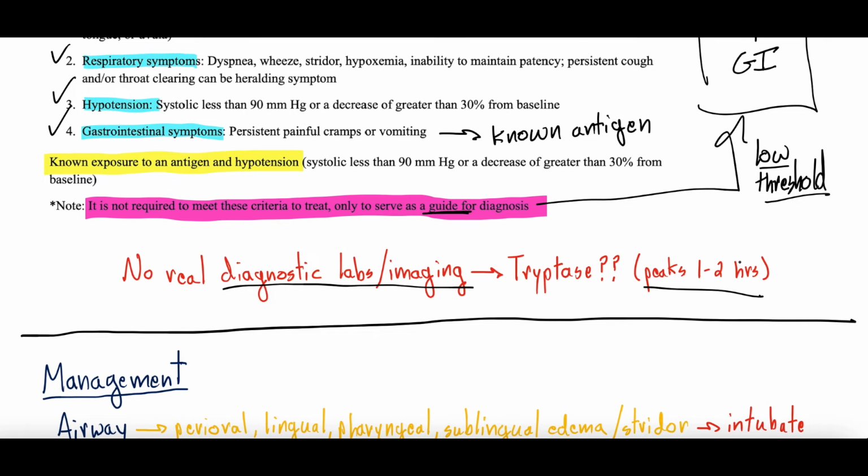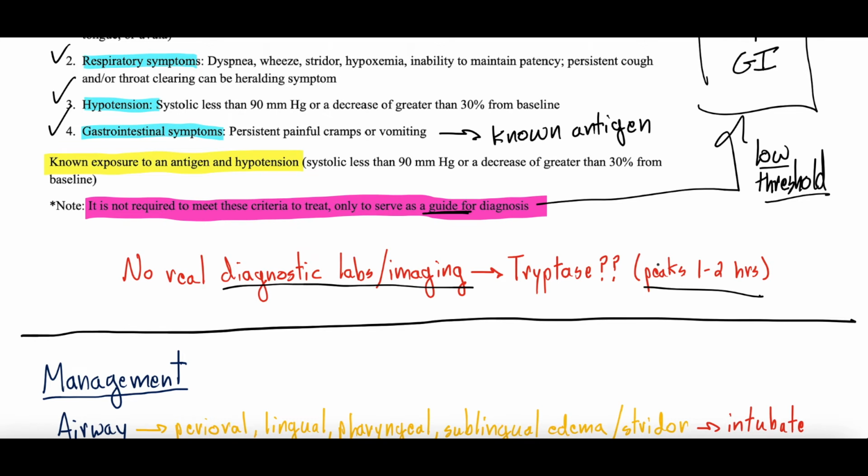And the reason I'm going to do this is not because I, in the emergency department, am interested in it, but because the allergist in the outpatient setting might be interested in it. Because if the tryptase is high when I sent it, that would suggest that it was in fact anaphylaxis. Whereas if the tryptase is low and it was sent at that 1 to 2 hour peak, although not a perfect test, it might support that maybe this wasn't anaphylaxis.